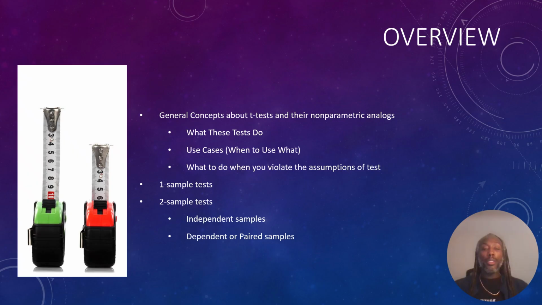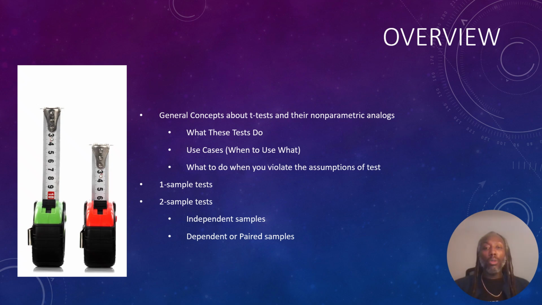There are three sets of lectures that I'm going to put together and that you will get to go through that talk about the specifics of comparing different groups of data. For this particular lecture, we're going to focus on some general concepts about t-tests, z-tests, and their nonparametric analogs. Throughout all of these lectures, we're going to answer the general questions of, what do these tests do? When would you use these different tests?